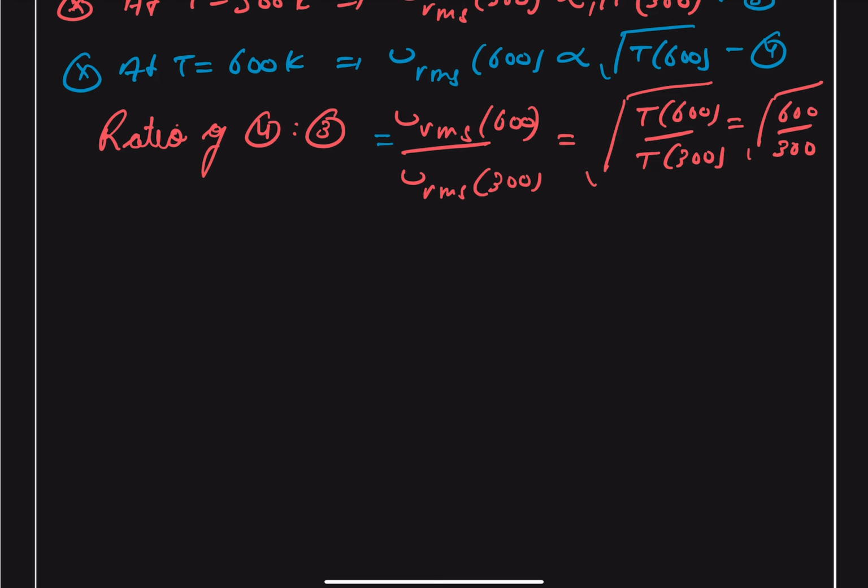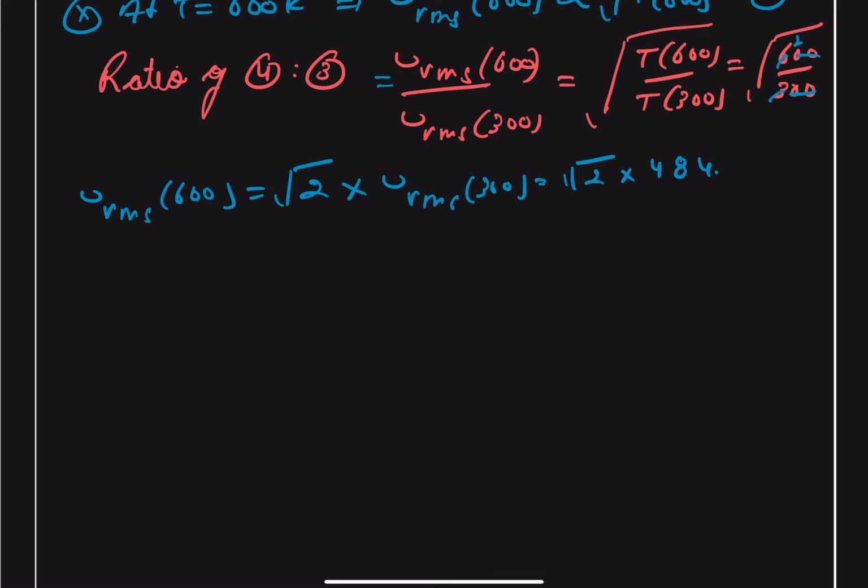Therefore, velocity RMS at 600 will be equal to square root of 2 multiplied by velocity RMS at 300, which is given to us as 484. So Vrms at 600 Kelvin is approximately 685 meters per second.